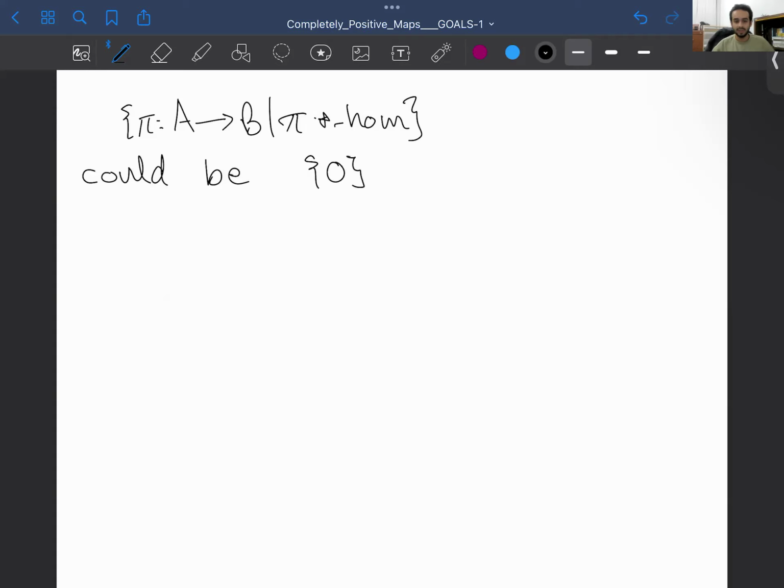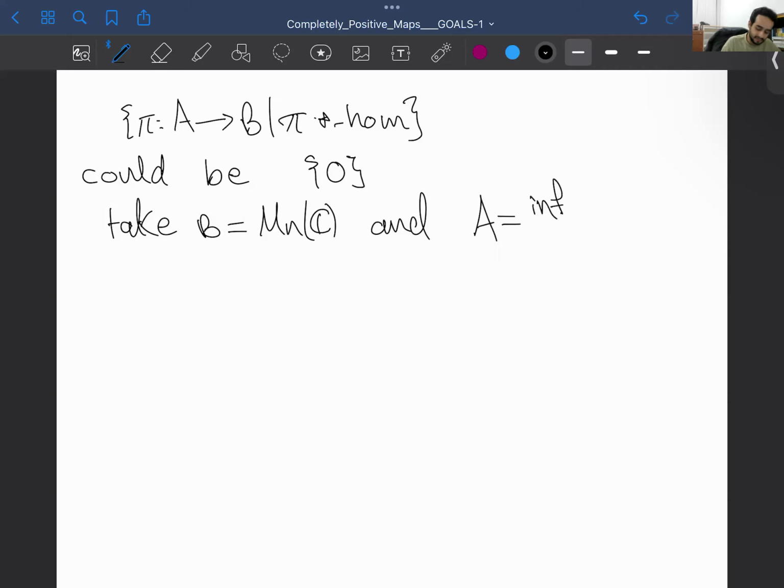For example, if we take B equal to a matrix algebra, the matrices over the complex numbers, and A any infinite dimensional, as a vector space, simple C*-algebra.